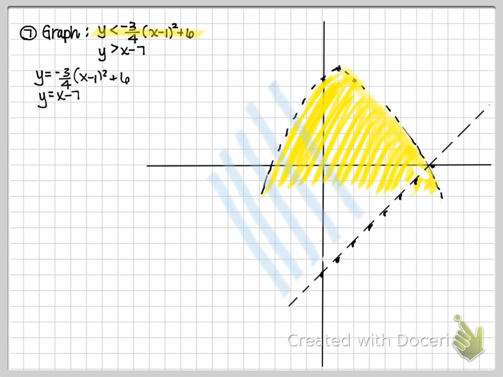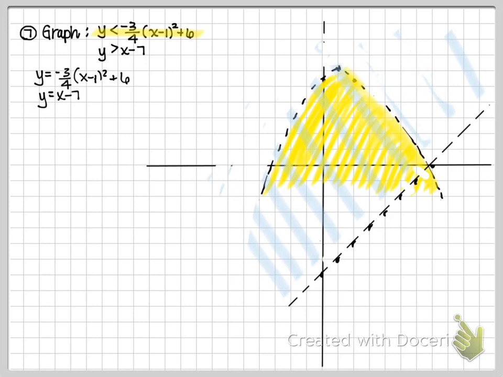So what we need to do to find the solution to this is find where the graphs overlap. So it's going to be where the yellow and the blue come together. So I can erase the extra shading that I just did, or I can just take my pencil and darken in the area where the overlap is occurring.